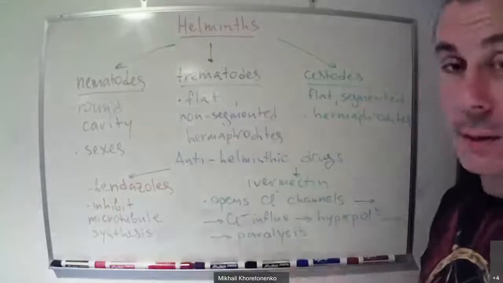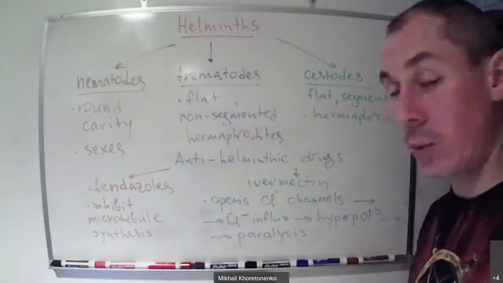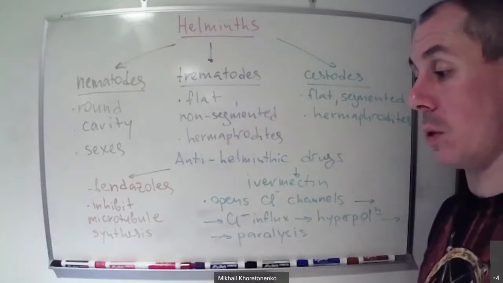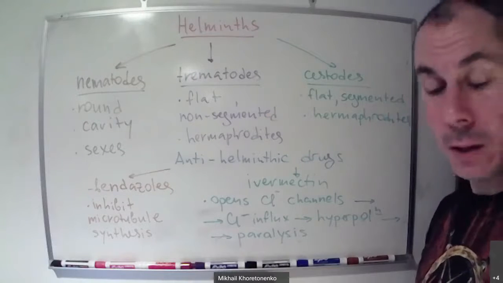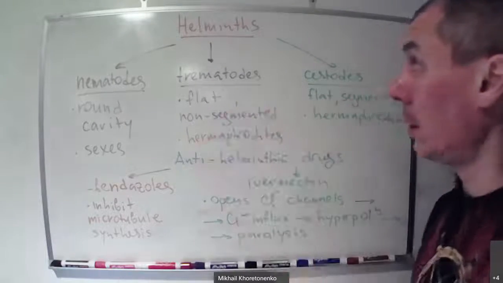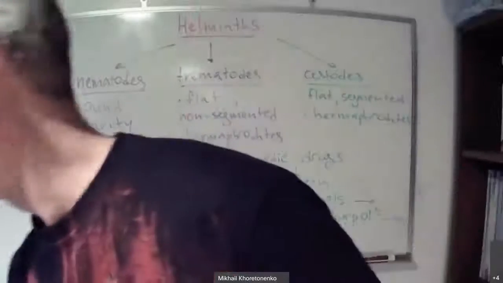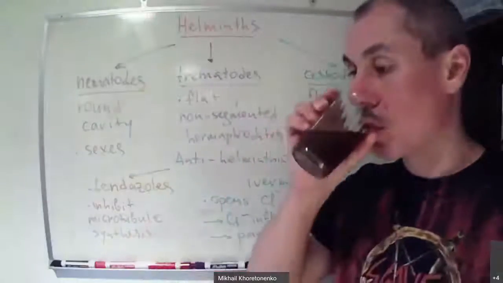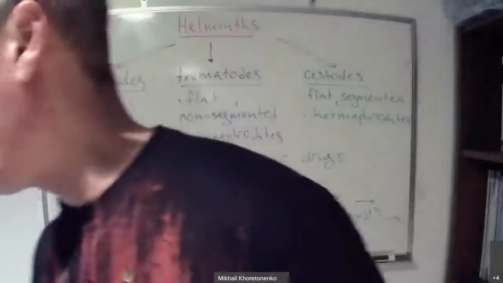Okay, if it's a muscle cell and it doesn't work, that's paralysis. If it's a nerve cell and it doesn't work, it's paralysis as well. So far, we good? Okay. Any questions on this?